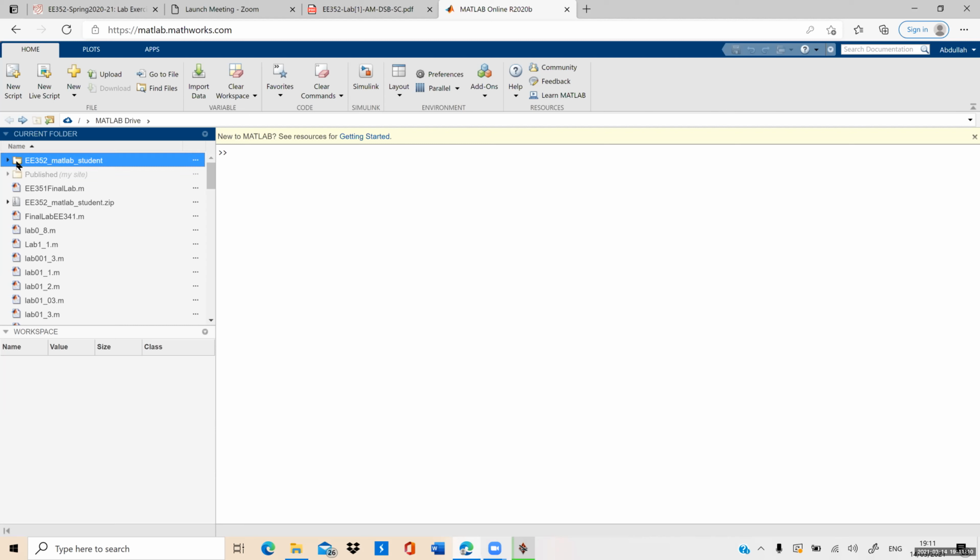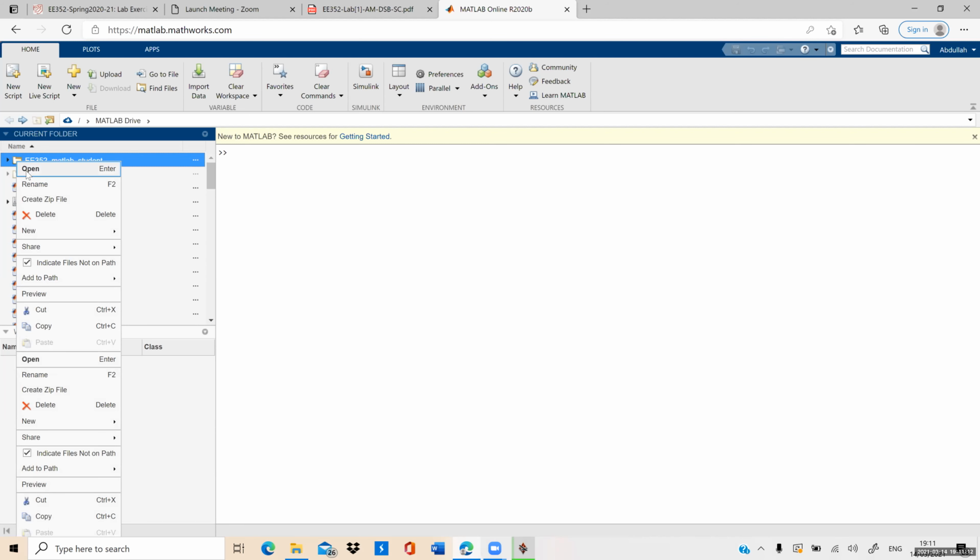Right click, not left click. I'm sorry. Yeah. Right click and then go down. From the bottom, you have the third option, add to path. You see? In this list, there is a third option, add to path.